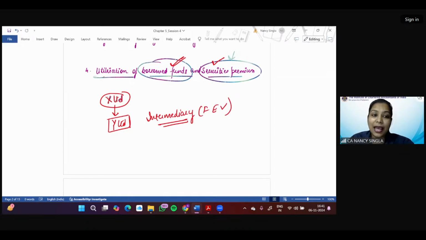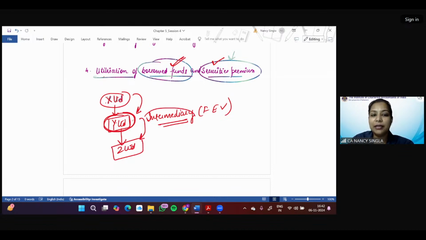And the understanding between X and Y, whether it is in writing or otherwise, so writing or oral, is that this intermediary shall further advance the funds to Z Limited. Out of the funds that has been given by X Limited, it will further advance to Z Limited.